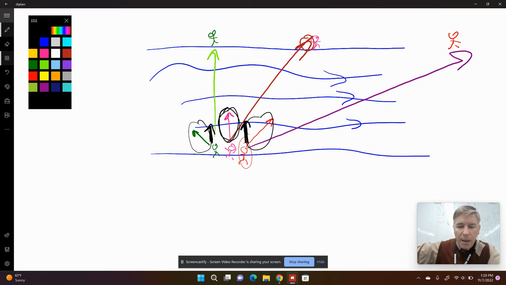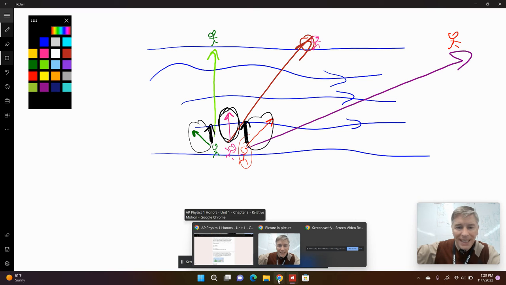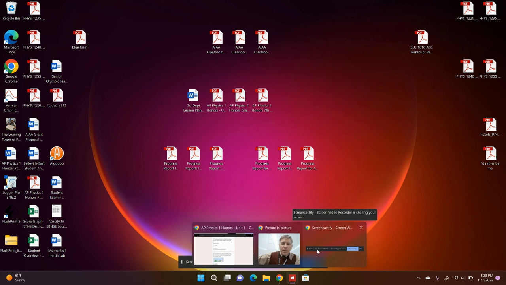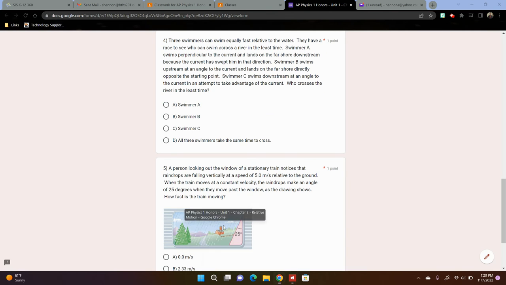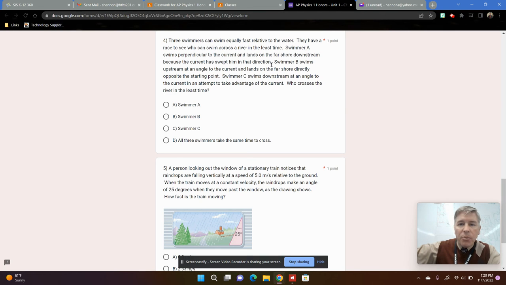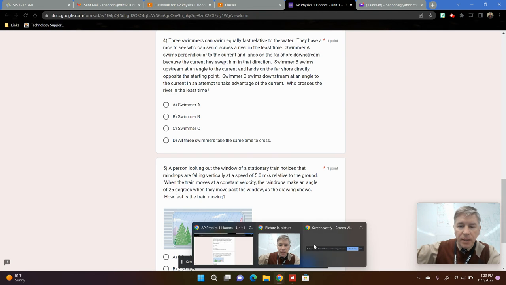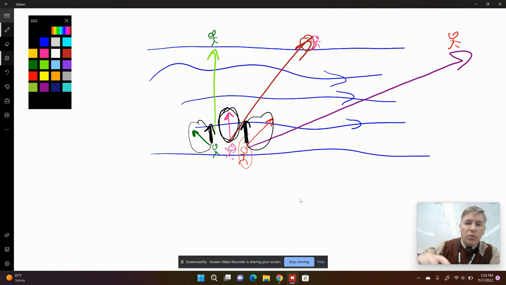So in this particular problem, they all swim equally fast relative to the water, so the components of the diagonal velocities are going to be smaller than this component right here. So this person that's trying to swim straight across would have the greatest velocity straight across, even though they're going to go diagonally downstream. That's the idea.